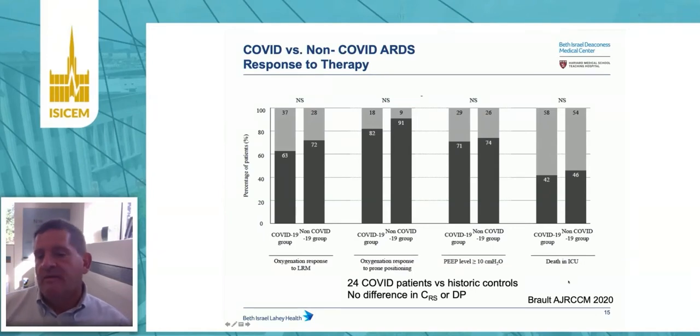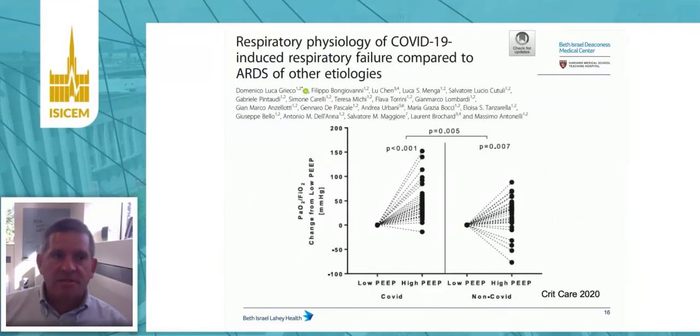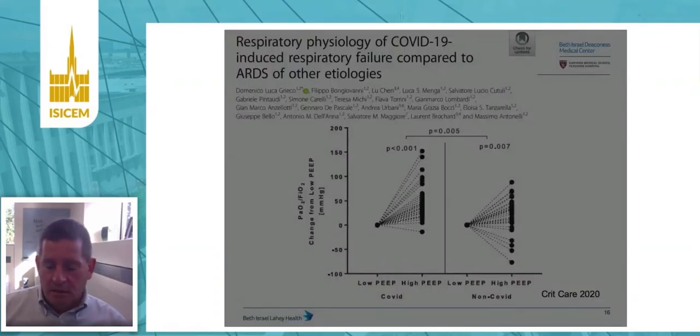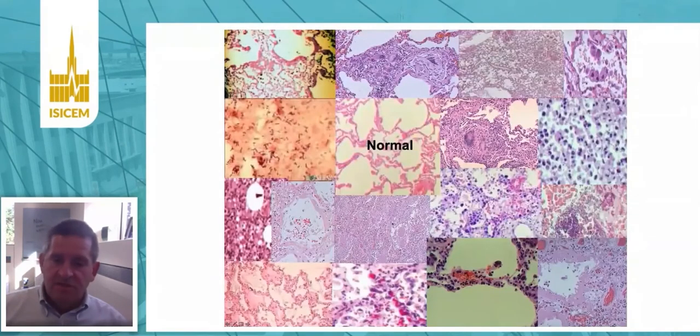Again, supporting that while there's a wide variation in mechanics in these patients, in the end, they do behave like typical ARDS. This is going back to a paper I showed before, Antonelli and group, showing that the COVID-19 patients often were PEEP responders and often responded better than non-COVID-19 patients. So they compared a historical cohort of non-COVID-19 to COVID-19 patients.